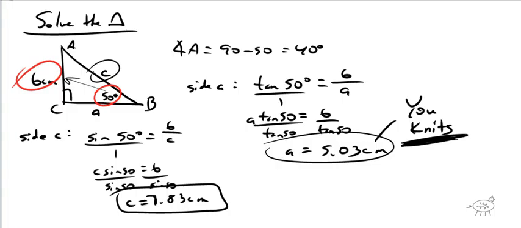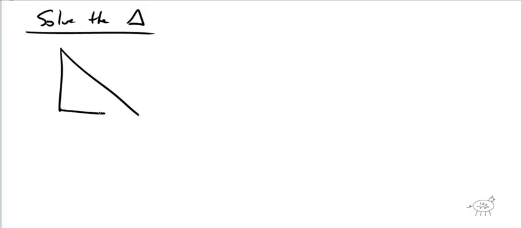All right, and then the next example for solving. Solve the triangle. This is what you're given: 8 kilometers and 5 kilometers, and this is A, B, and C. So how do you find little b?